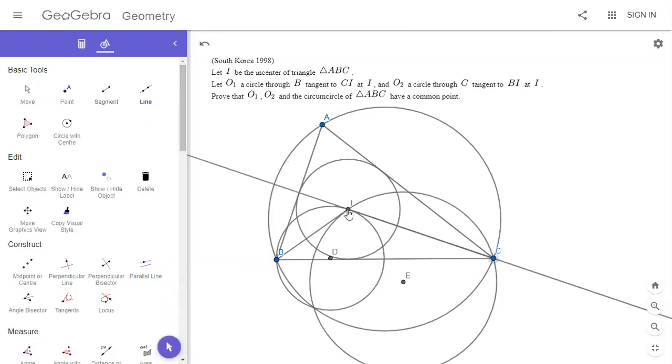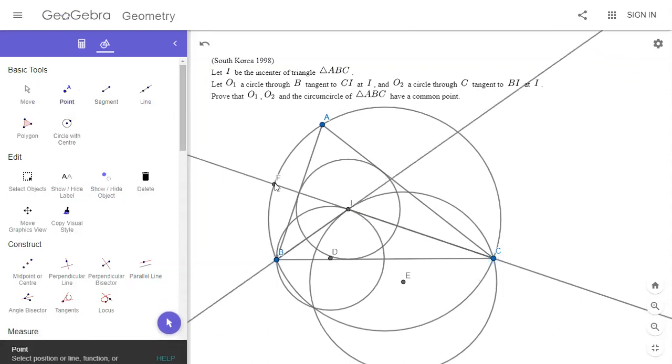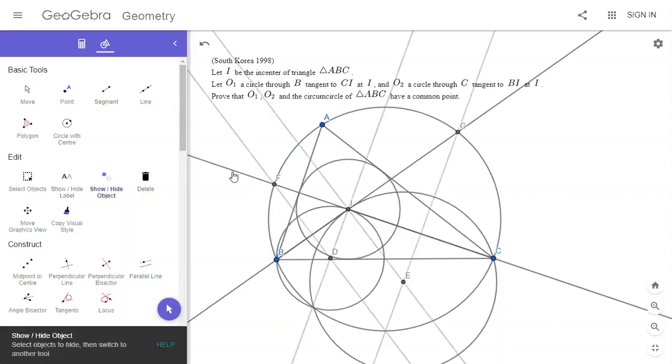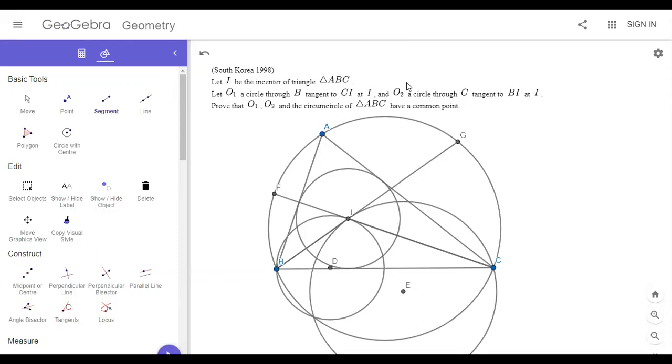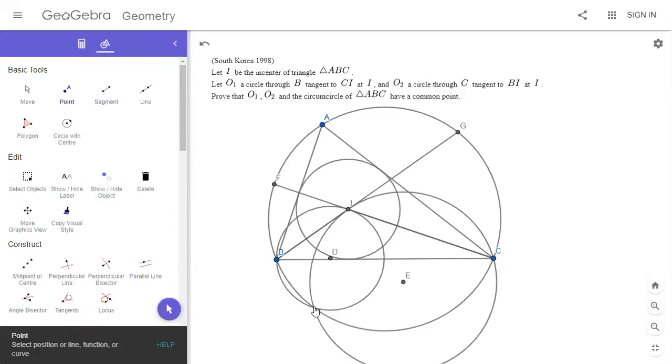Maybe it would help to draw in these points. I'm not sure. If that point is X, is AX perpendicular to BC? That's interesting.